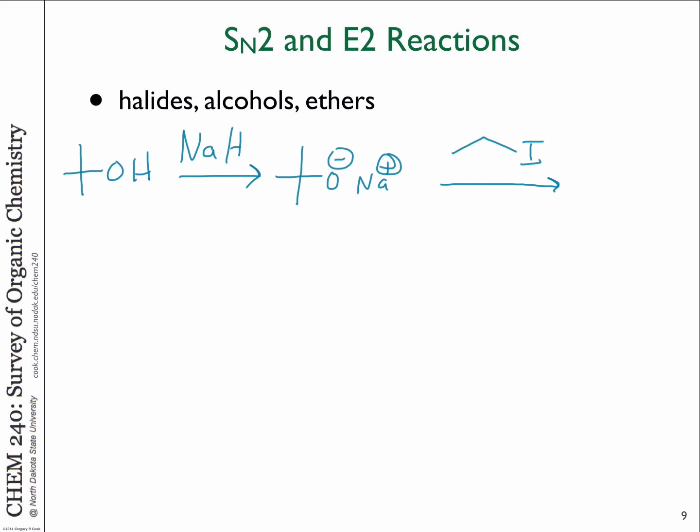An ether. That's because this is a SN2 substitution where the oxygen-carbon bond is forming at the same time the iodine bond is breaking. So the alkoxide is a nucleophile, iodide is leaving group. We formed an oxygen-carbon bond.